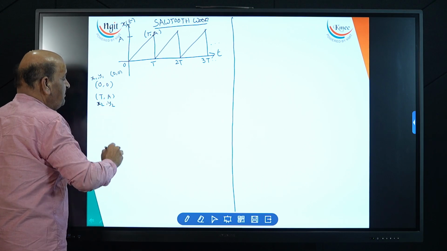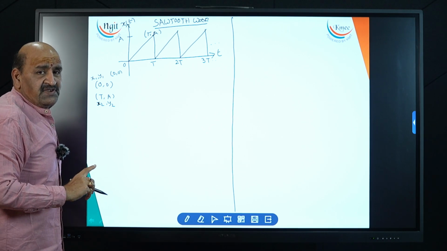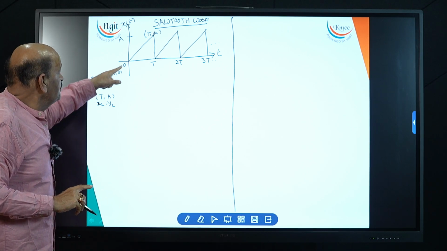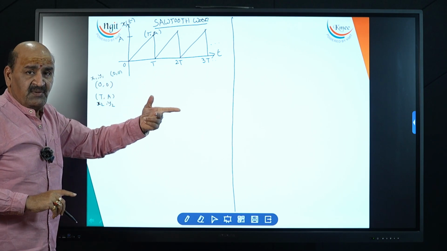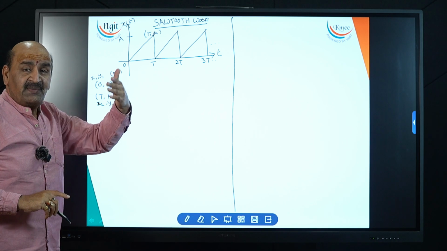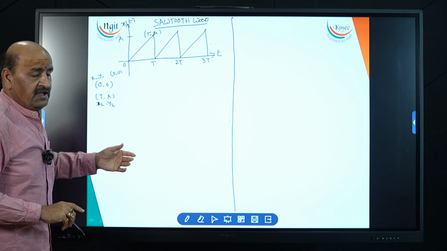In intermediate first year, paper 1B coordinate geometry, the equation of a straight line that passes through two points is y minus y1 equal to y2 minus y1 by x2 minus x1 into x minus x1. Just for your remembering purpose, I am writing the same equation here.